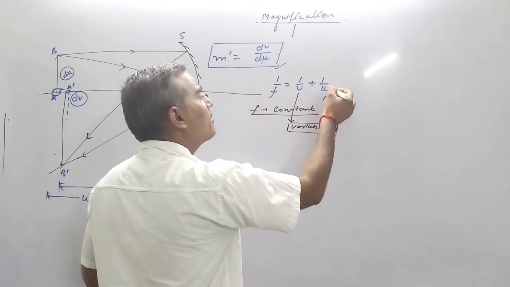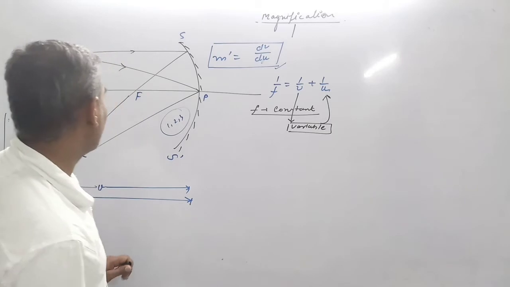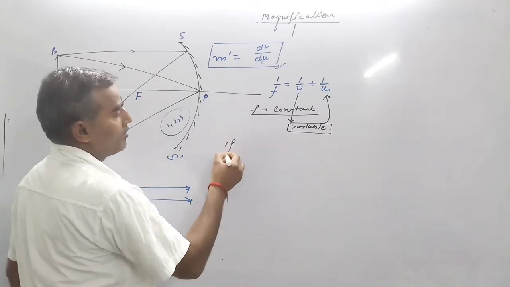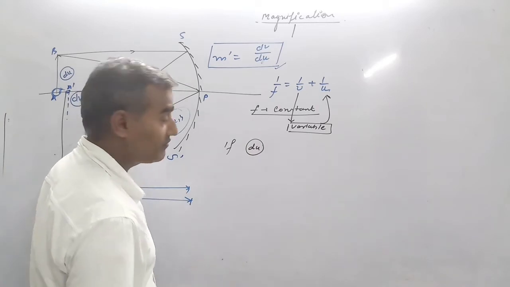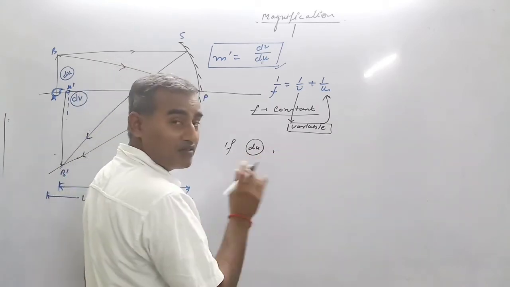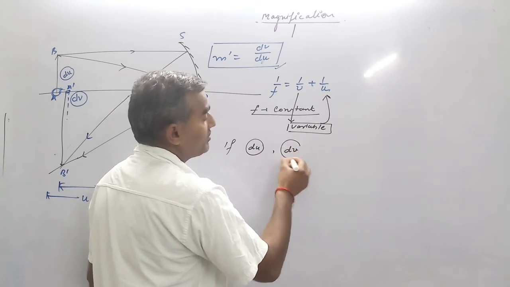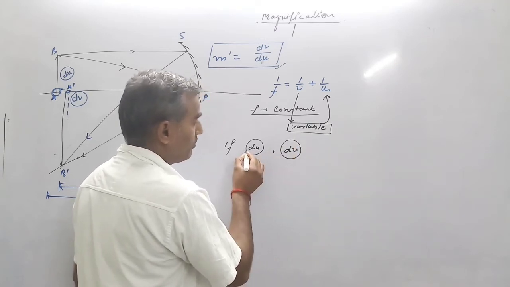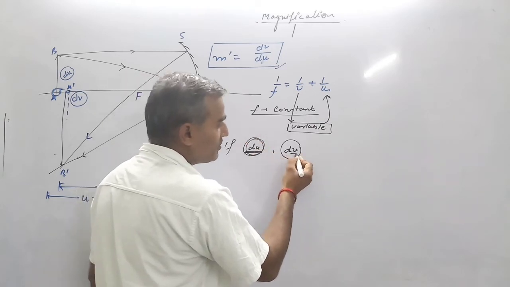So you make a differentiation with respect to u. If there is a small change in the distance of the object, then there will be a small change dv in the image distance. When u changes, then v changes.